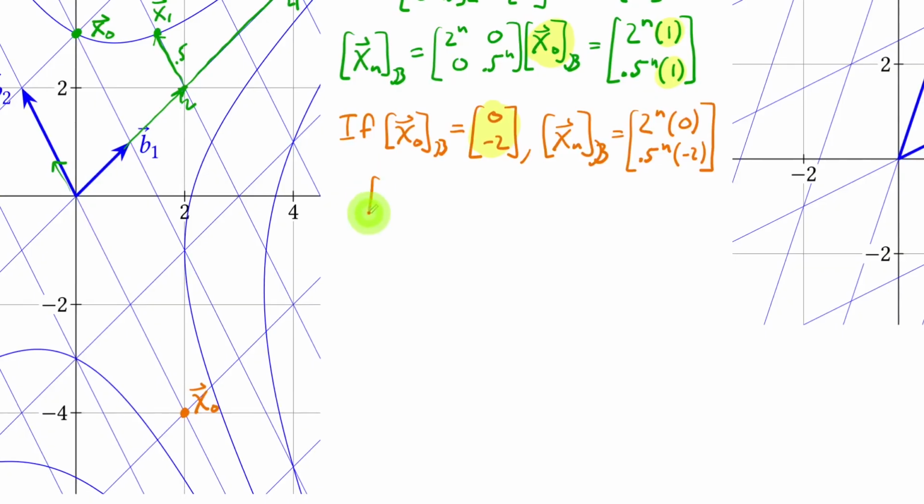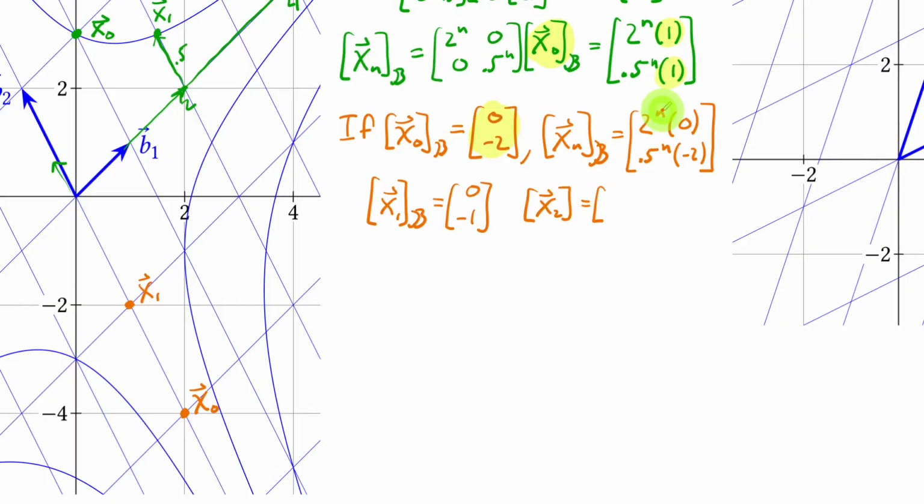So, for example, the B coordinates of x1 are still going to be 2 to the power 1 times 0. That doesn't go anywhere. But 0.5 to the power 1 times negative 2 is negative 1. So that's right here. If we keep going in this direction, we're still doing 2 to a power times 0. That's still 0. 0.5 to the power 2 times negative 2 is negative 0.5.